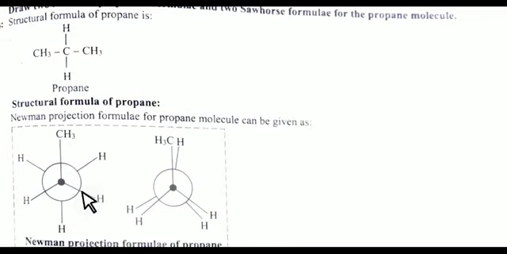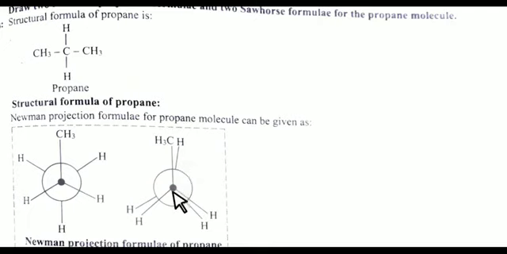In this formula, the bonds attached to the front carbon atom are represented by three lines from the center of the circle, at an angle of 120 degrees to each other. And the bonds attached to the rear carbon, meaning the back carbon, are represented by again three lines drawn at an angle of 120 degrees to each other from the circumference of the circle.